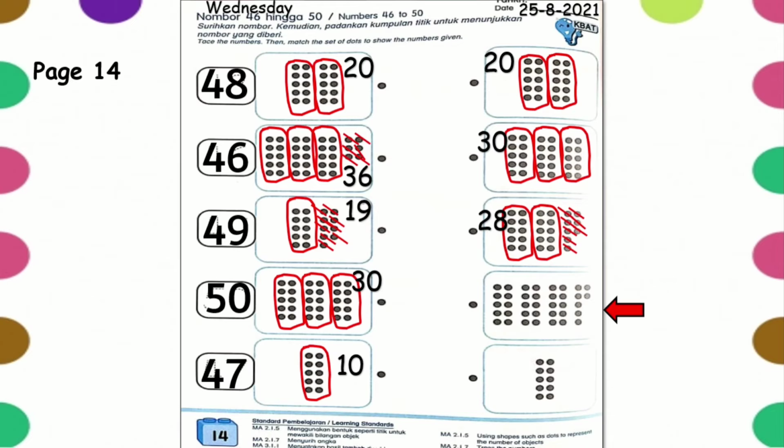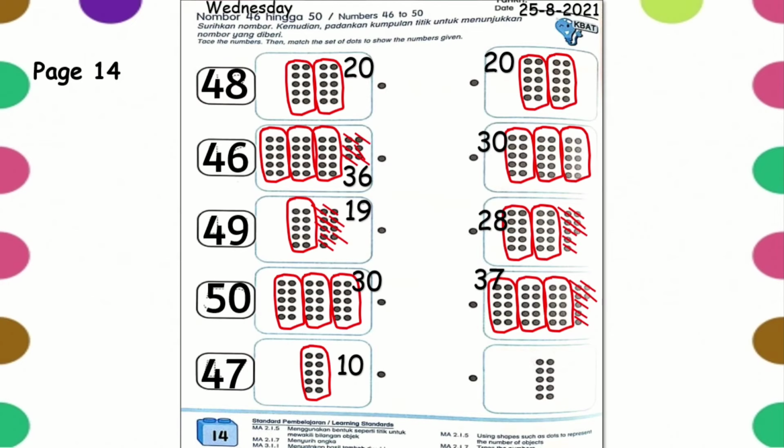Okay, the next one. You are doing good. So let's continue. 10, 20, 30. Very good. So 30, let's continue. 31, 32, 33, 34, 35, 36, 37.